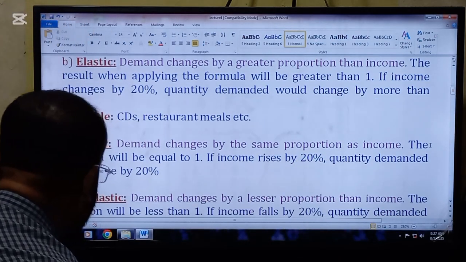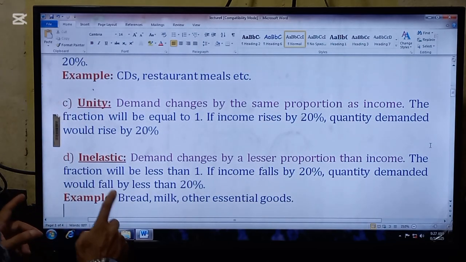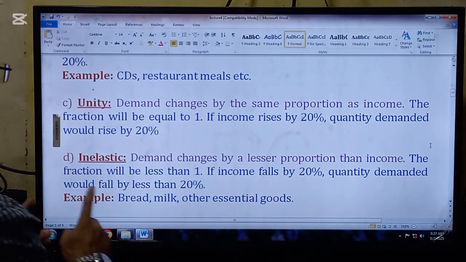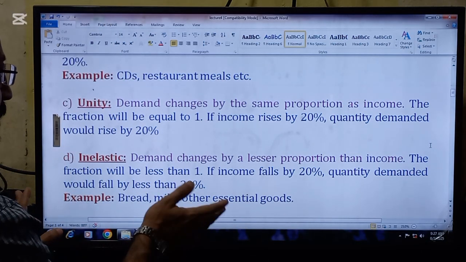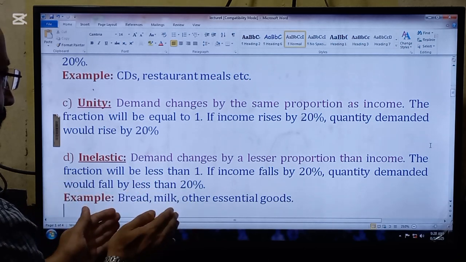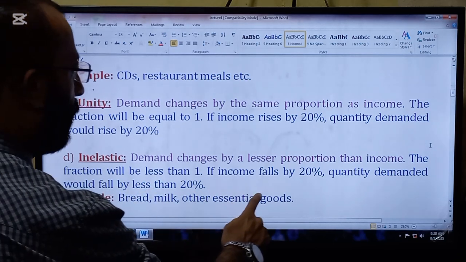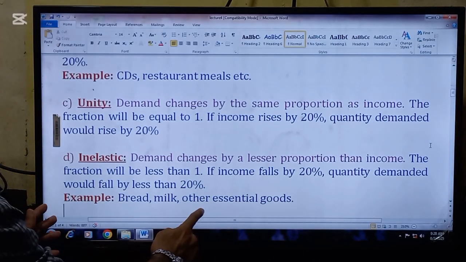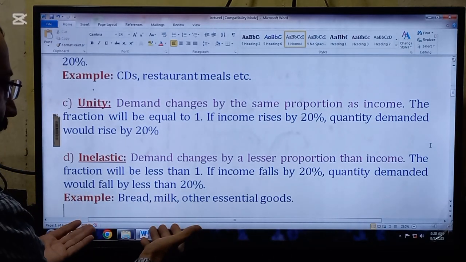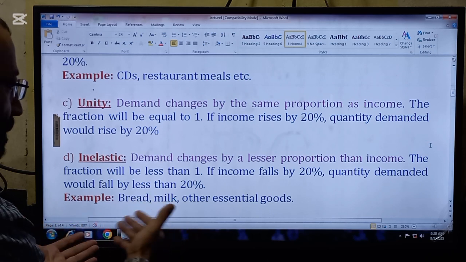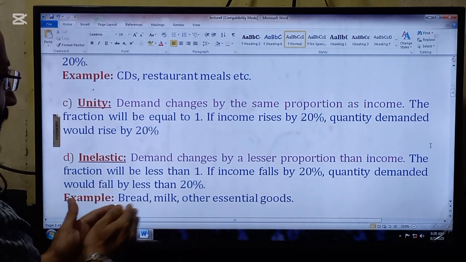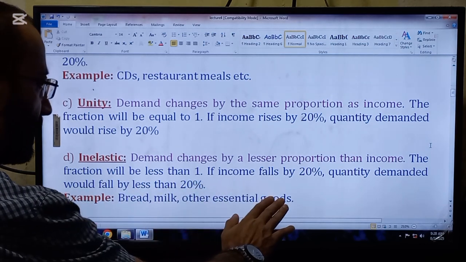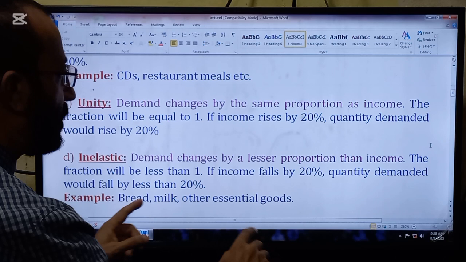The next category is inelastic. Demand changes by a lesser proportion than income. The fraction will be less than 1. So when we put the values into the formula, the answer will be less than 1. If income falls by 20%, quantity demanded would fall by less than 20%, because these are necessity goods or habit forming goods.